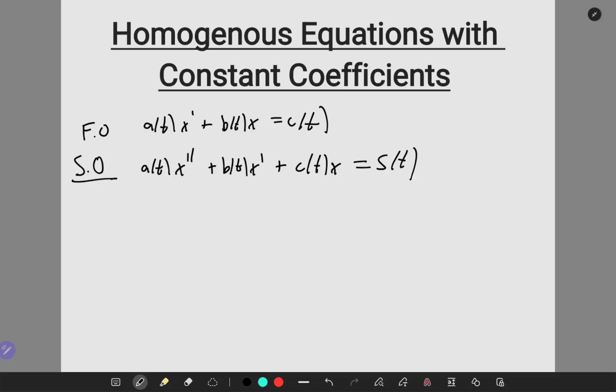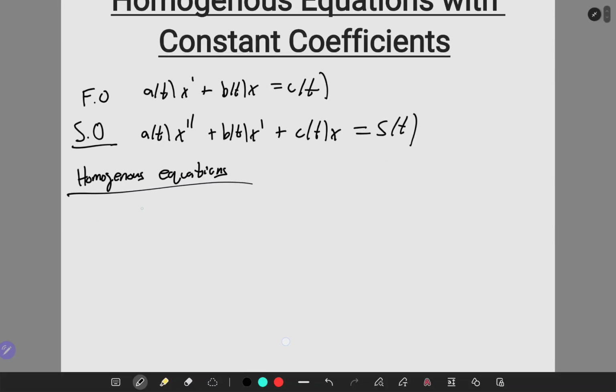Okay, so now, however, because it's homogeneous equations for this section, we are going to set s of t to 0.